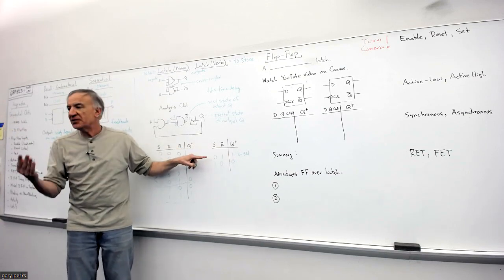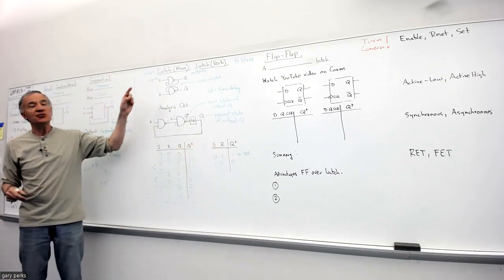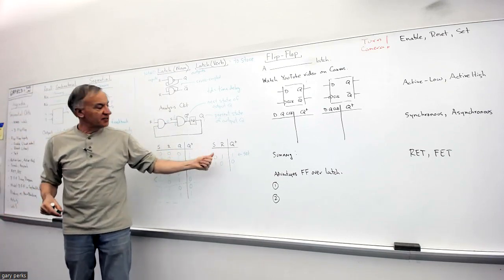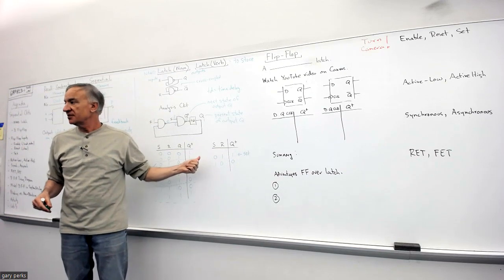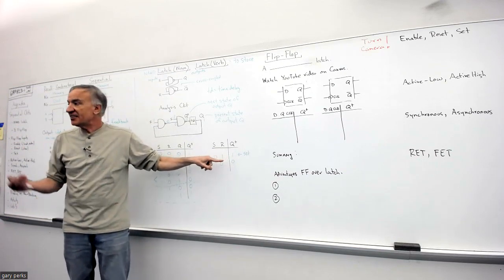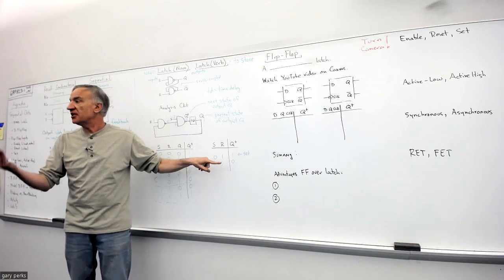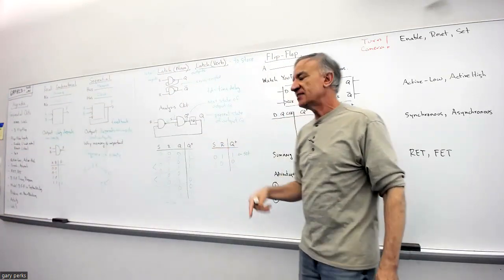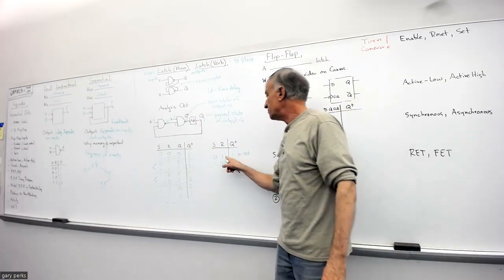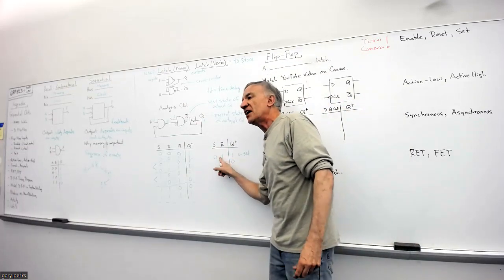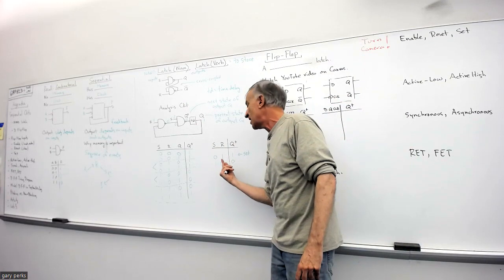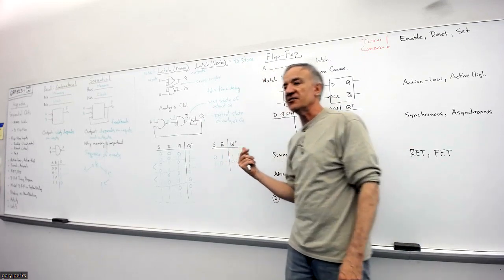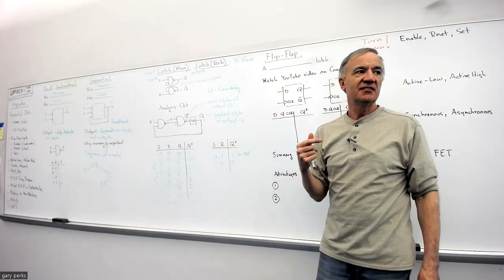It's not set by what the inputs are, because you'll see when you do a NOR latch, Q plus is a 1 for a different set of inputs. But we would still say that that NOR latch is set when Q plus is 1. The reason I'm emphasizing this is a common error is people think that set is defined by the input values, but it's not. It's defined by the Q plus value. That's what makes it set.